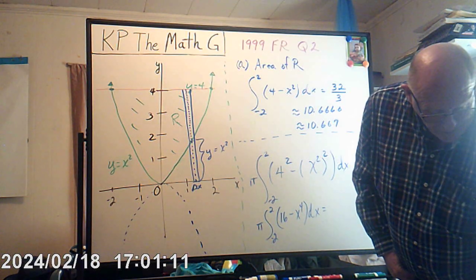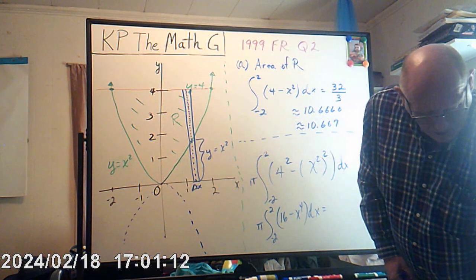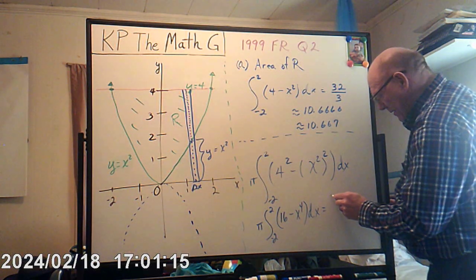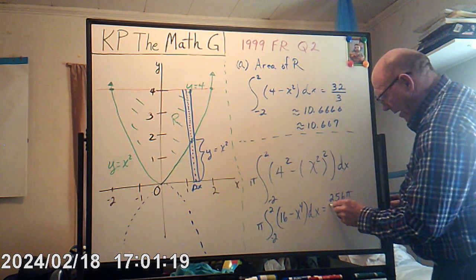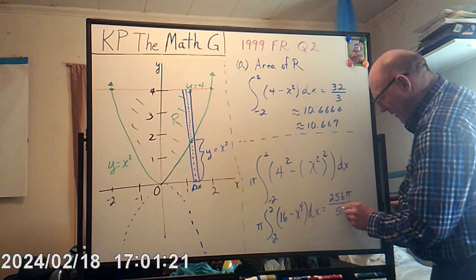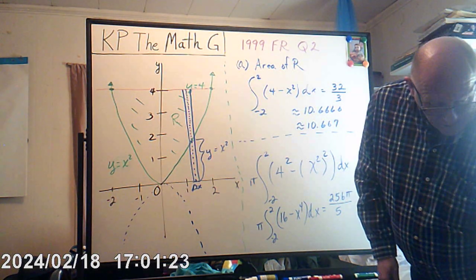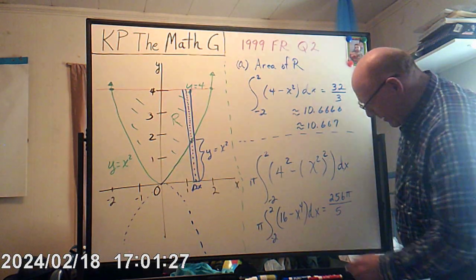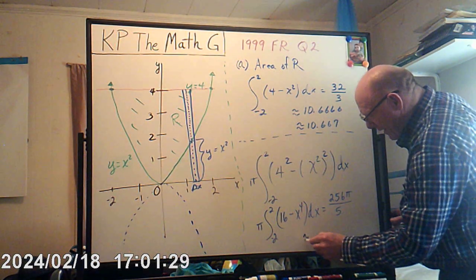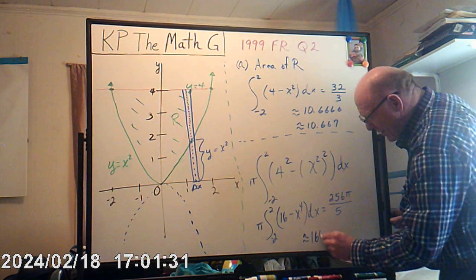let's see, 256 pi over 5. I guess that turns out to be 160, or about equal to 160.85.